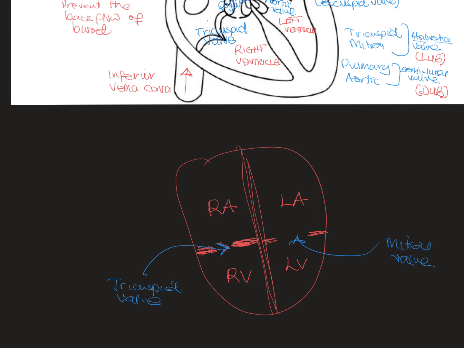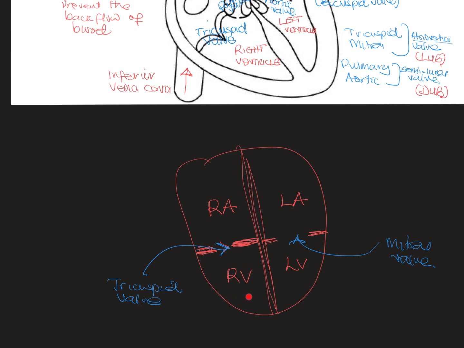So we've said that the blood in the right atrium moves to the right ventricle through the tricuspid valve. When the ventricles try to squeeze or contract, what happens? The blood can flow back to the right atrium or to the left atrium.